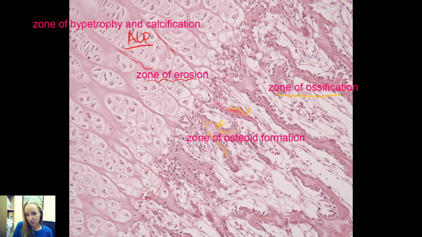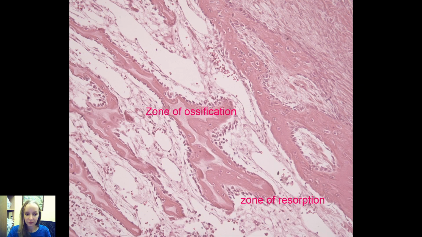So then we have a zone of ossification, a darker zone here. We can see the zone of ossification right here. There's bone formation.